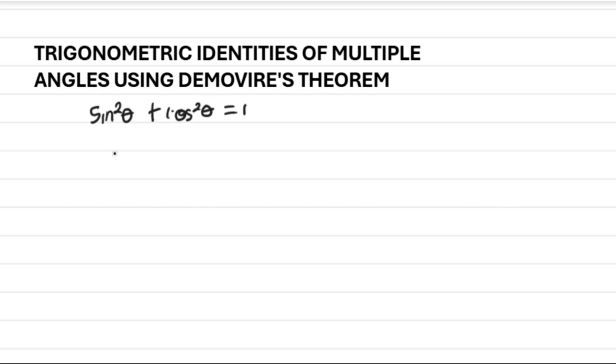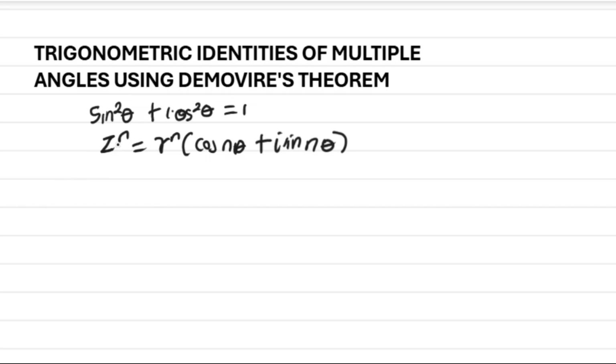De Moivre's theorem states that z raised to power n is equal to r raised to power n into cos n theta plus I sine n theta. So here the polar form for our complex number z is equal to cos theta plus I sine theta.